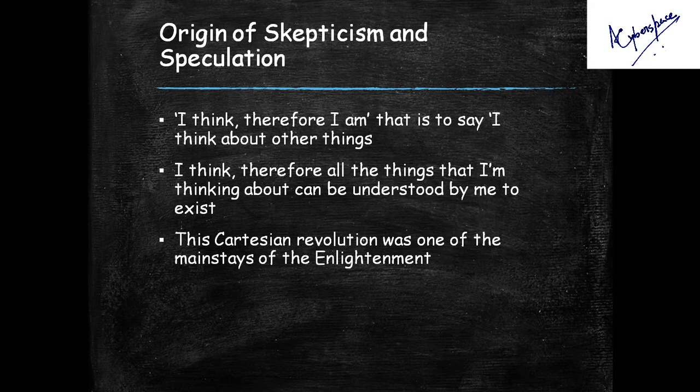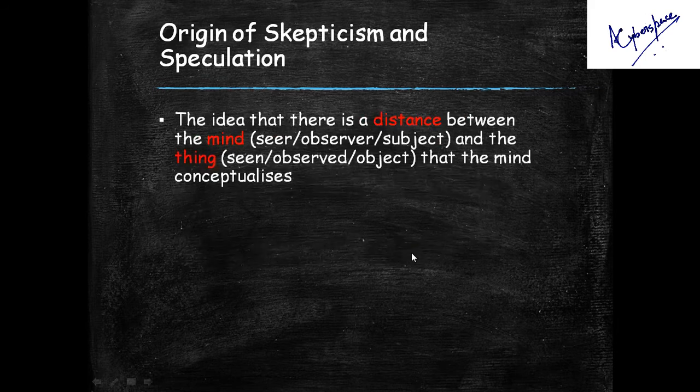And this Cartesian revolution was one of the mainstays of the Enlightenment, as we already know. This is a very, very famous phrase, very oft-quoted phrase, which is attributed to René Descartes, who is one of the rationalist thinkers of the Enlightenment.